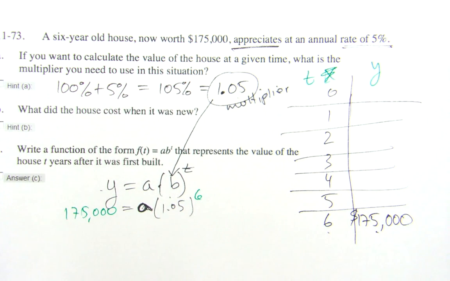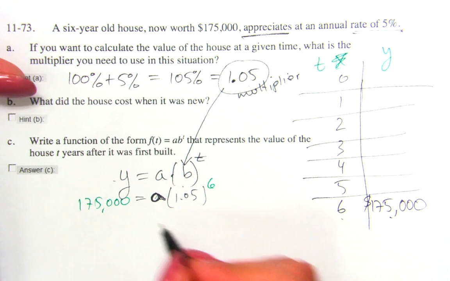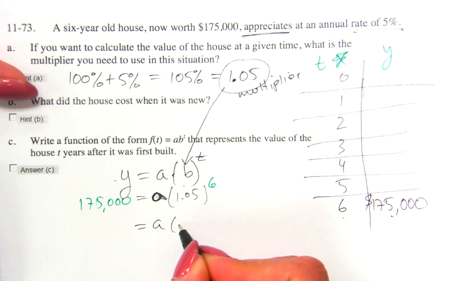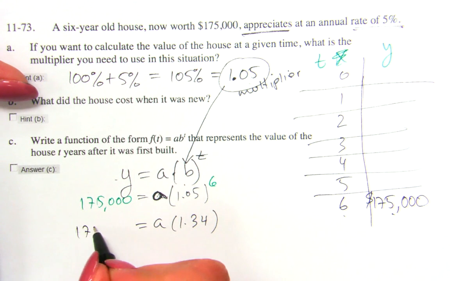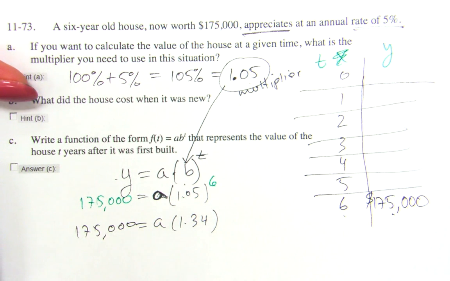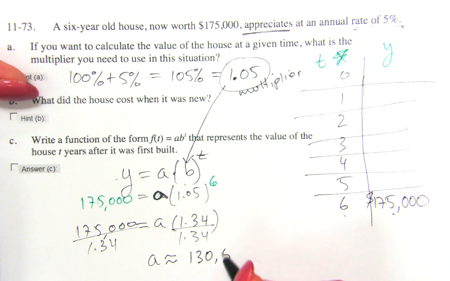Well, this should be easy to do. So 1.05 to the 6th power. Okay, so that means a times 1.34. Well, I'm rounding. So 1.34 is 175,000. So divide by 1.34 on both sides. 175,000 divided by 1.34 on both sides should get a value somewhere around 130,58.